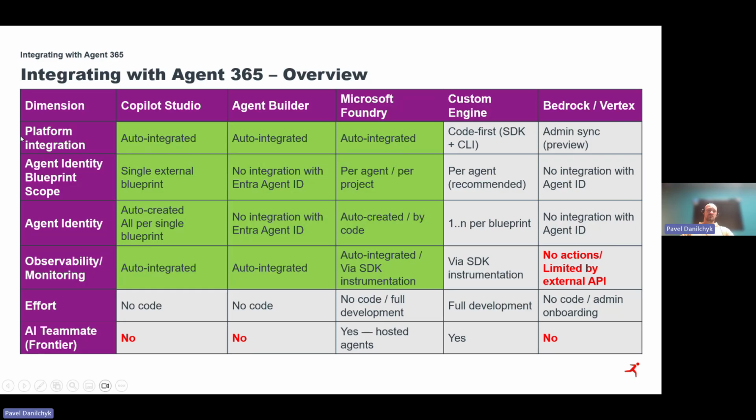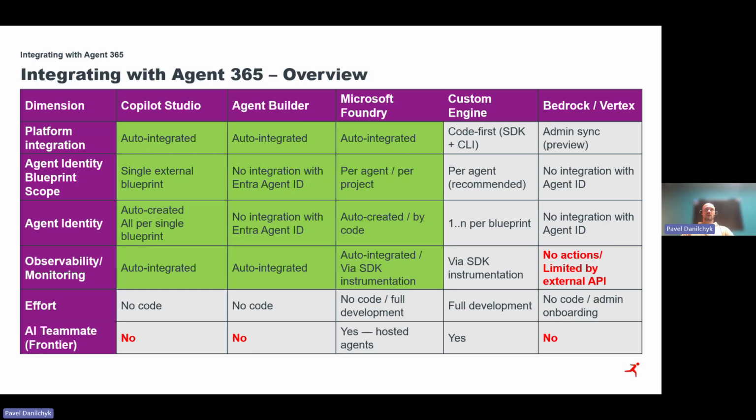One more important thing is observability and monitoring. This is how agent activity is tracked to our systems, to Agency 5, to Purview, to Defender. If you speak about Copilot, Agent Builder, and no-code Foundry agents, it's an auto-integrated feature. You don't need to do anything.